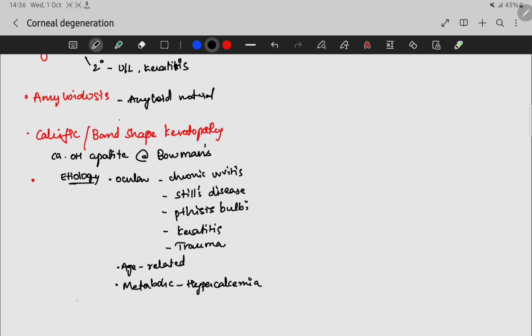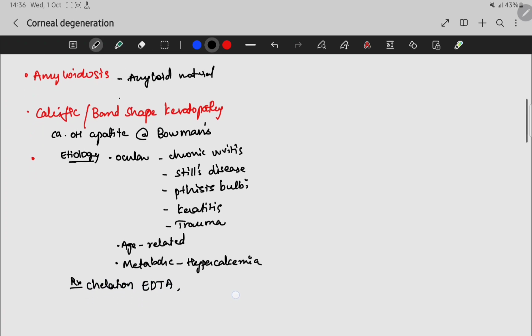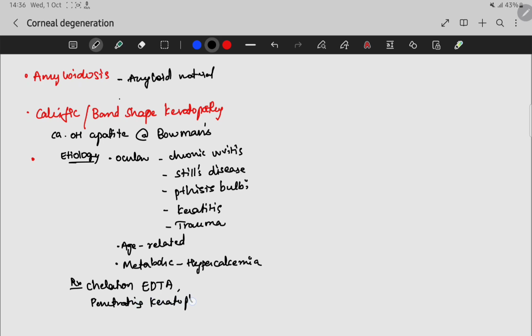The treatment is chelation therapy with EDTA, and in severe cases we can also perform a penetrating keratoplasty or keratoprosthesis. So this was regarding calcific deposits.